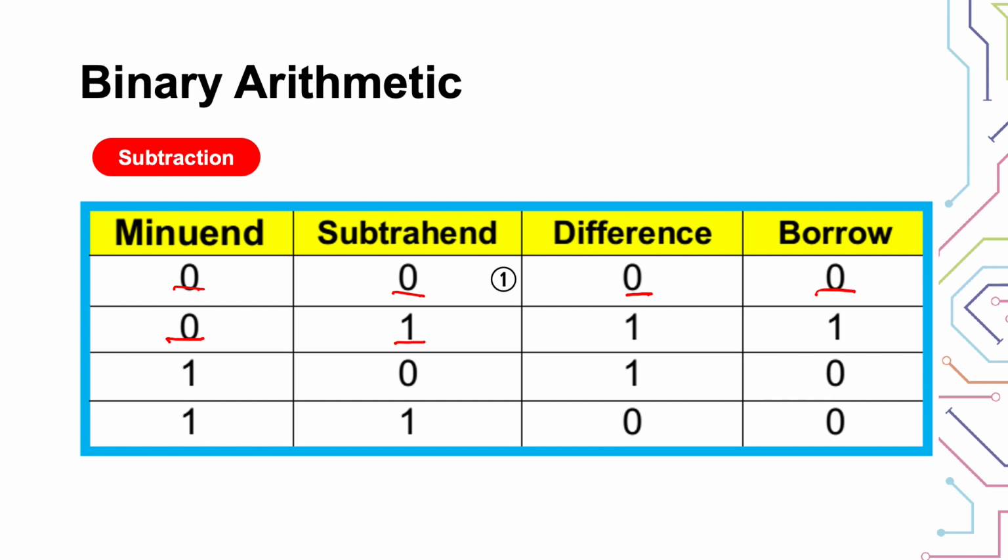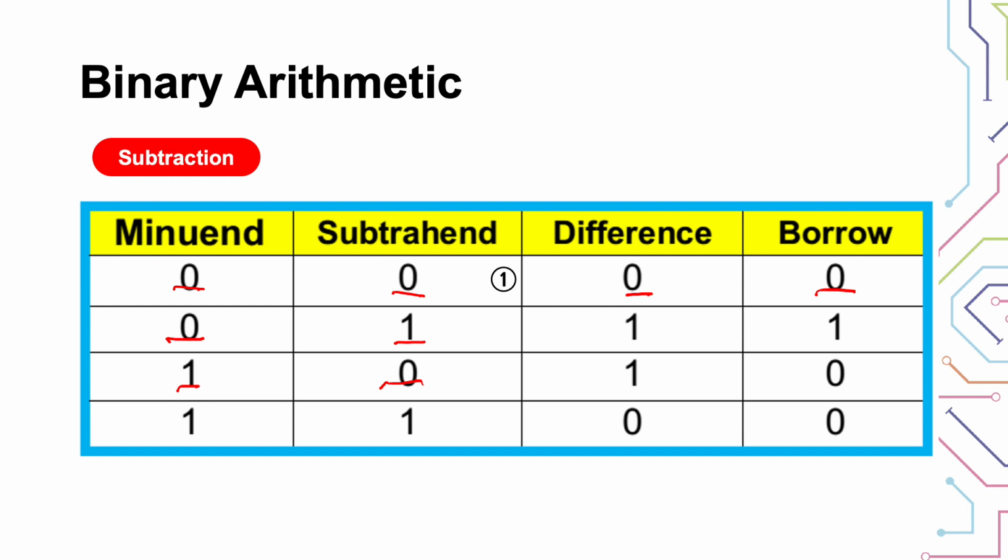So pag ganun ang mangyayari, the difference, logically the difference is 1, but we need to borrow another 1. Okay? So, yan. Pero pag ang minuend is mas malaki kaysa sa subtrahend, so the difference is 1, but we don't need to borrow. This is just when minuend is smaller than our subtrahend na mag-borrow ka.